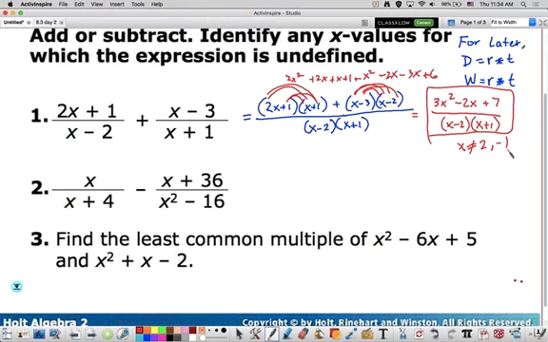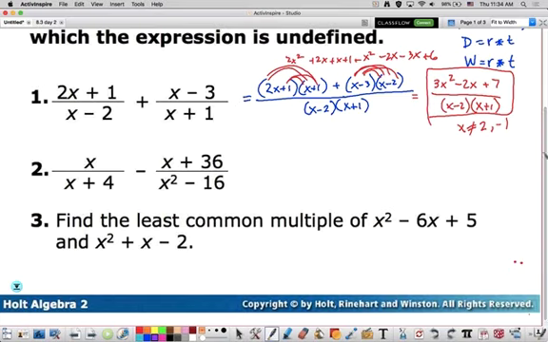All right. This one looks like we might have a little more work. Oh wait, never mind. Rewrite: x minus 4, x plus 4. So this is one where we do not cross multiply.